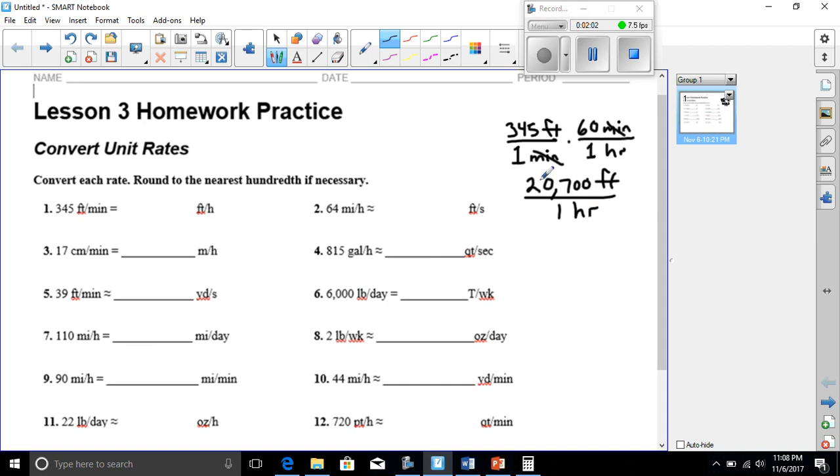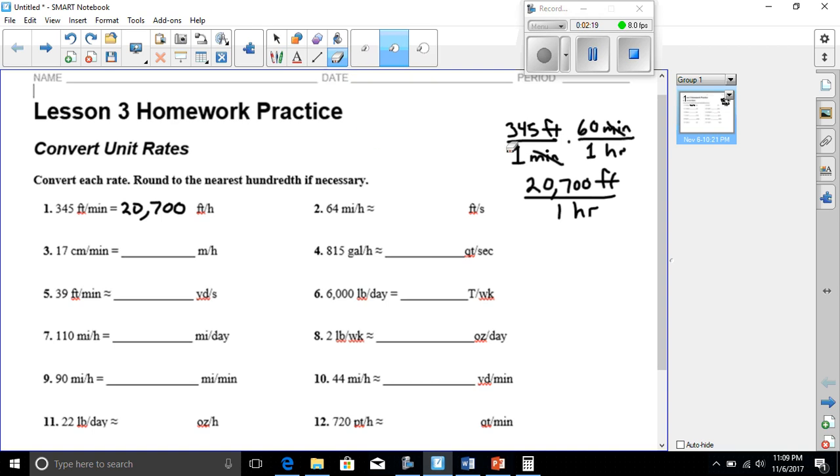So in essence, our answer is 20,700 feet per hour.